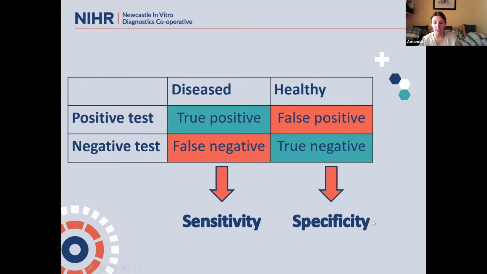And the term that describes the characteristics of the test in these patients is called specificity. Now, whoever came up with these terms made them confusingly similar. I don't know whether they did that on purpose, because it still trips up even those of us who work in the field. So if I get them the wrong way around, I do apologise in advance.